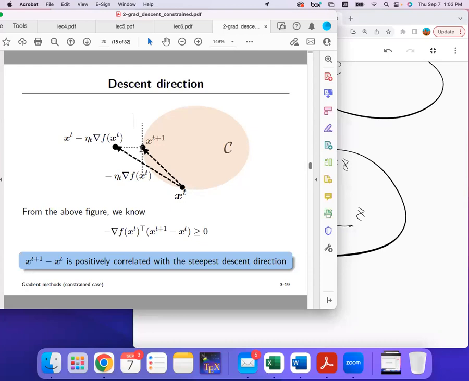Question. When this algorithm finally converges to the optimal solution, is there a world where the projection ends up taking you away from the optimal solution and then back towards it, and away from it and back towards it, so you end up bouncing in between? That's a very good question. I think in the end, it will converge to a kind of equilibrium point.